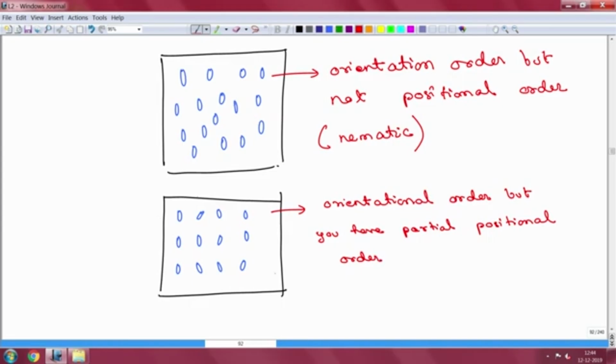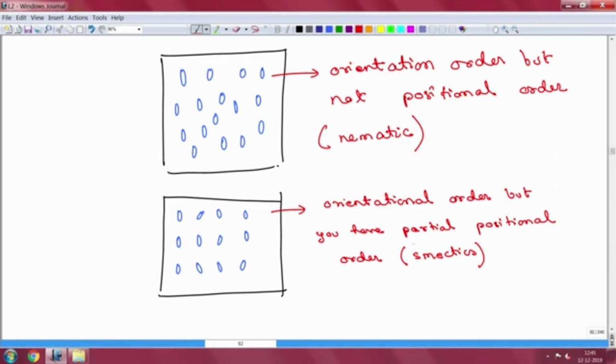And although in this diagram it seems as if the positional order is there in a significant quantity, this class of materials is also called smectics. Although in the drawing it would seem as if the positional order is significant, this is just a cross sectional view.